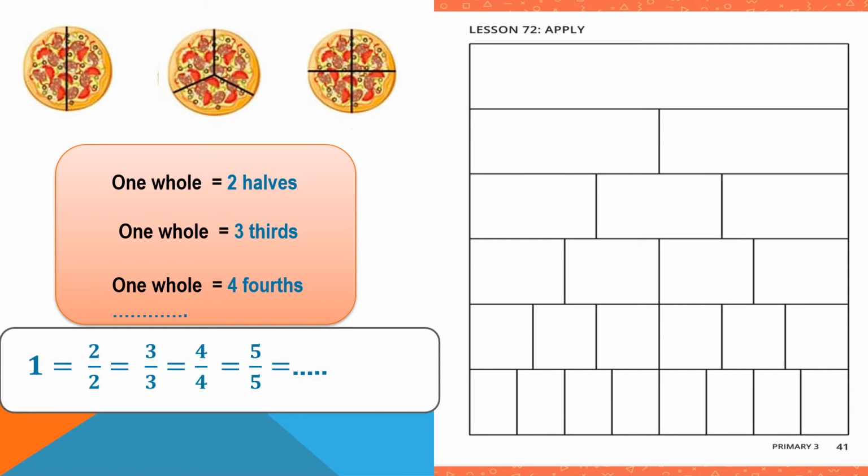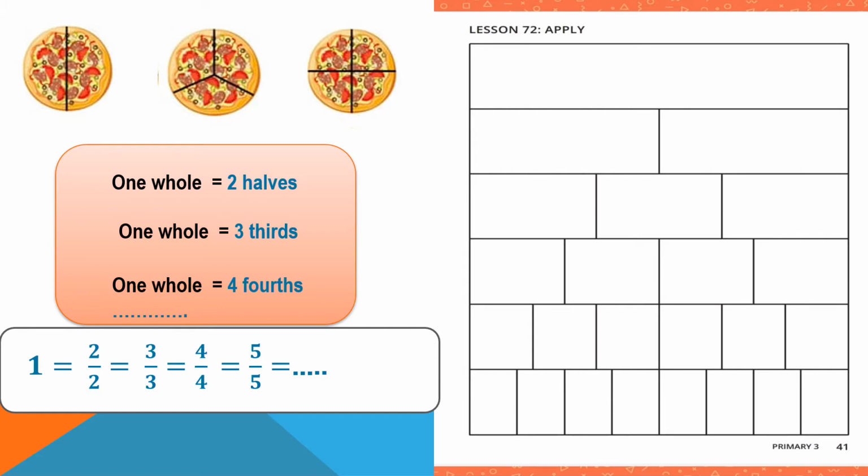The whole one contains 2 halves, 2 over 2. 3/3, or 3 over 3. The whole one, 4 fourths, or 5 fifths, and so on.